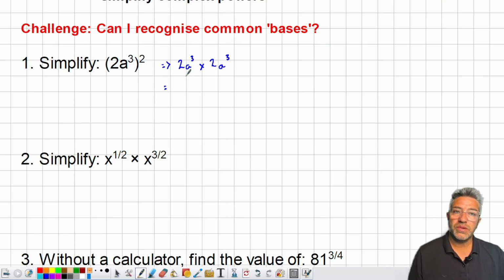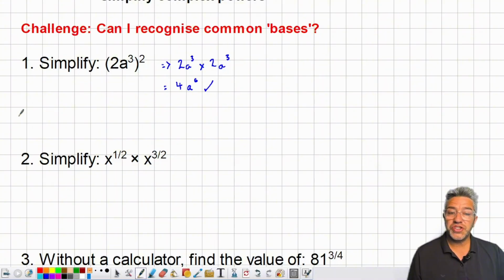Well, what does that equal? 2 times 2 will give us 4. A cubed times a cubed. Now, when we multiply variables that have a power, an indice, we simply add the indices. So we would get 4a to the power 6.